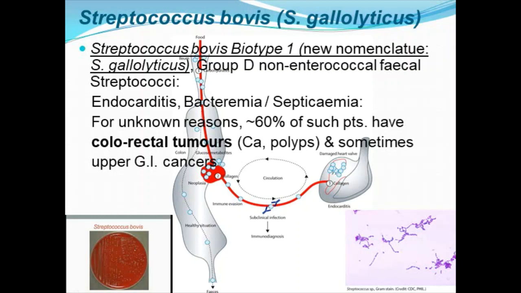It may cause endocarditis, bacteremia and septicemia, but for unknown reasons 60% of such patients have colorectal tumors, that is carcinoma of the colon, and also polyps, which is a benign condition, and sometimes upper GI cancers also may be caused by Streptococcus gallolyticus.